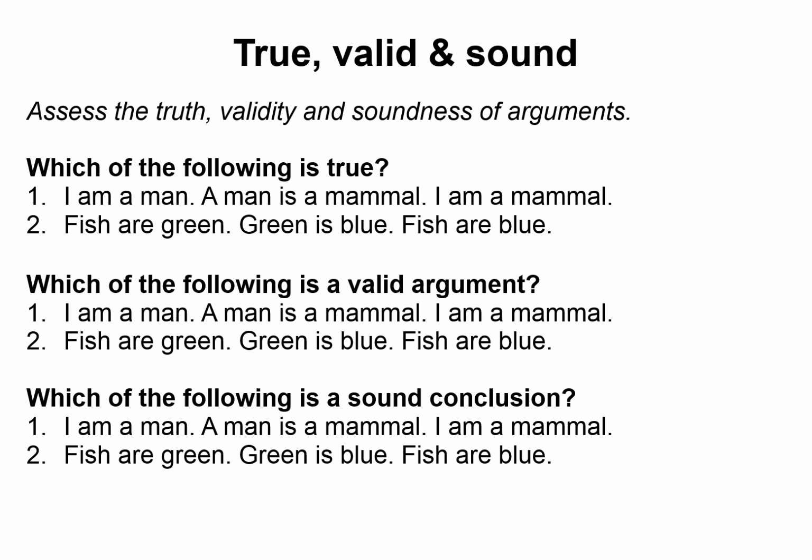So if we delete man in both parts, we can get I am a mammal, which is the conclusion. So that's a valid argument. Fish are green, green is blue. Same thing, we can delete green in both parts, combine them together. Fish are blue. Yeah, valid. They're both valid. It doesn't mean that they're correct though. It just means it's valid.